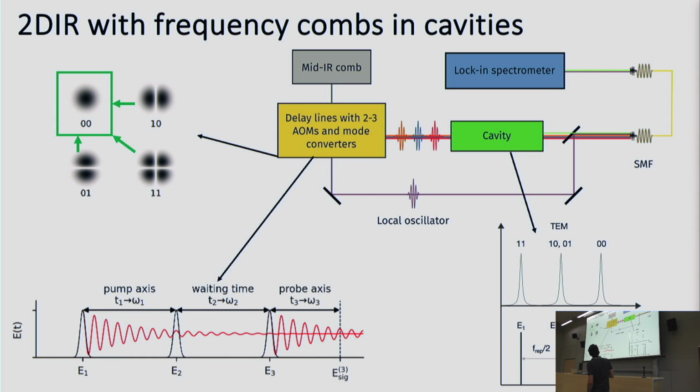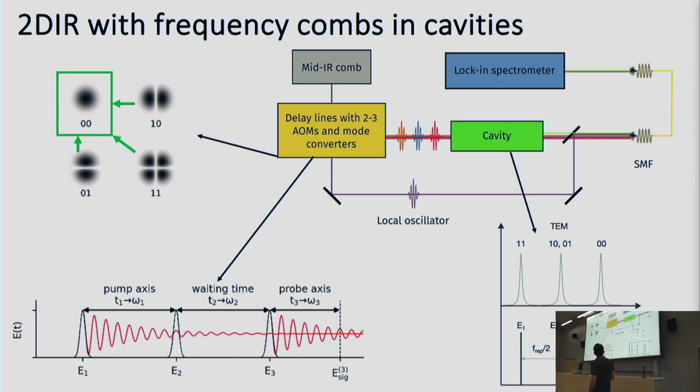So how do we actually do 2D IR frequency comb spectroscopy? Well, this gets trickier than cavity-enhanced transient absorption spectroscopy, because what I want to do is have 3 different combs in the same cavity, coupled to different transverse electric modes.